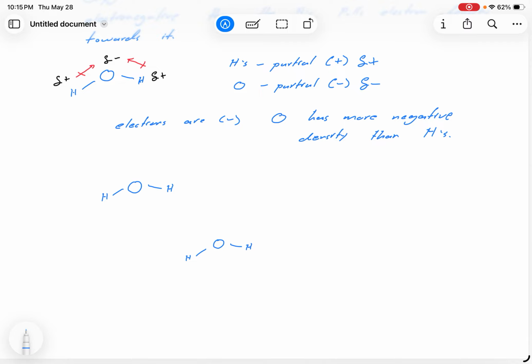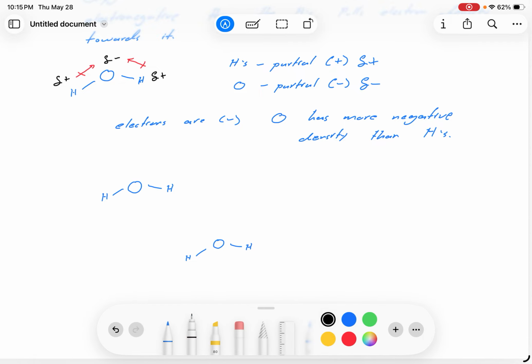Just a fun fact. So the hydrogen is going to have a partial positive, how we explained earlier. The oxygen is going to have a partial negative. And these two are going to basically form a bond. And this bond is going to be called a hydrogen bond.